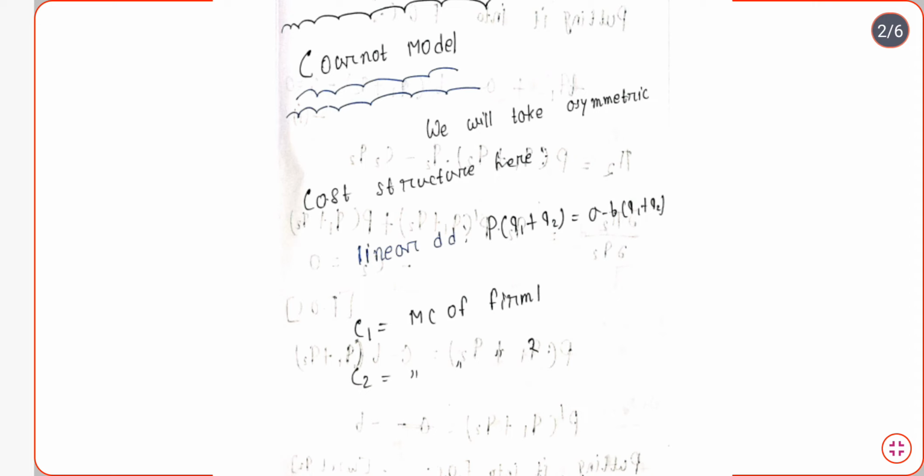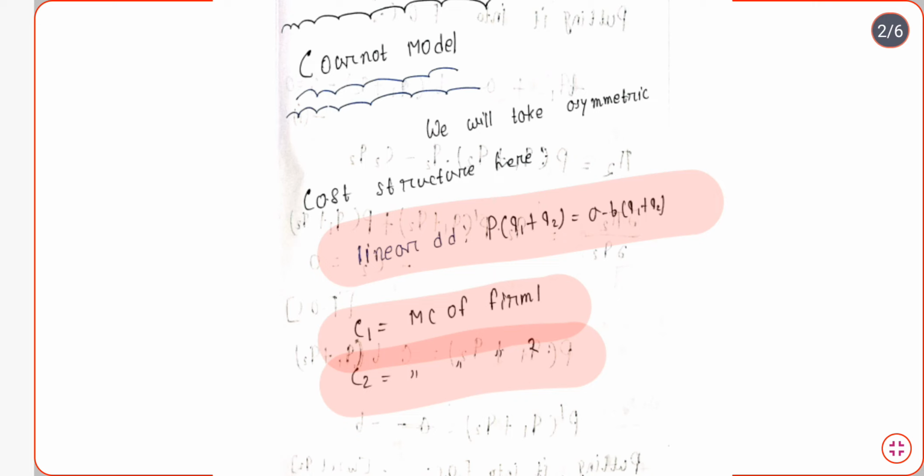We know that in the Cournot duopoly model we have considered two firms, firm 1 and firm 2, and they have different marginal costs. C1 is the marginal cost of firm 1 and C2 is the marginal cost of firm 2. As you can see, it is also written here. Now the linear demand function for both the firms, basically the market demand function, is written as P(Q1 + Q2) = A - B(Q1 + Q2).